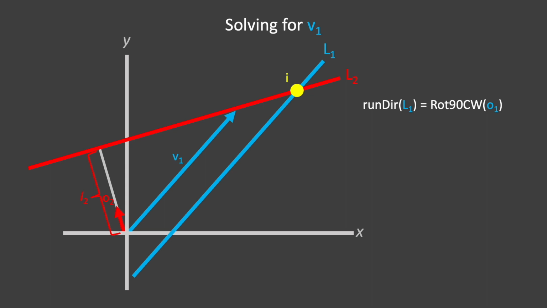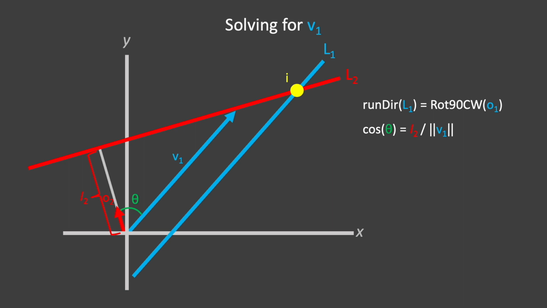Now, to find the magnitude of v1, we have to look at the angle theta between O2 and v1. So from our diagram, it's pretty clear that the cosine of theta is equal to L2 divided by the magnitude of v1. But you can also note that O2 and the run direction of L1 are both unit vectors.